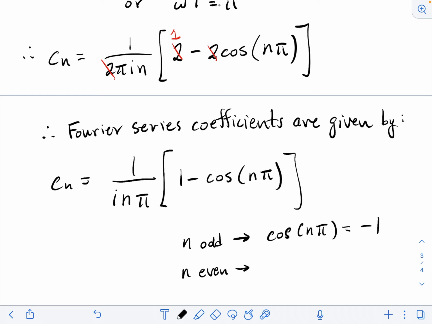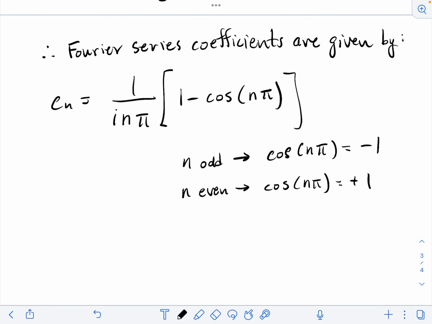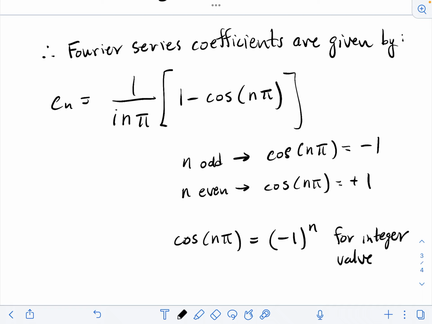So for even n, cos of n pi is equal to plus 1. Therefore, if n is an integer, cos of n pi is equivalent to minus 1 to the n. If we put in an odd integer, we'll get minus 1 as required, and if we put in an even integer or 0, we'll get plus 1 as required.